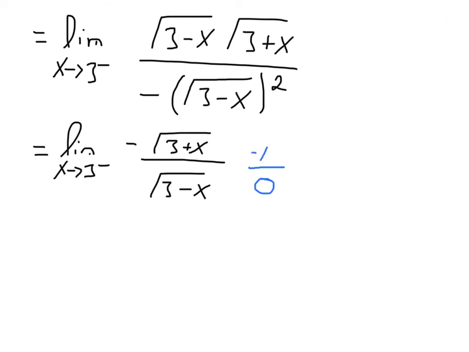So the numerator is tending to negative root 6, and the denominator is tending to 0. 0 again isn't in the domain of this function, but now we know that the numerator is tending to negative root 6. I know that this should be an infinite limit. The limit should be either plus or minus infinity. We can't say yet. It depends on what side that denominator is approaching 0 from. So let's think about that.